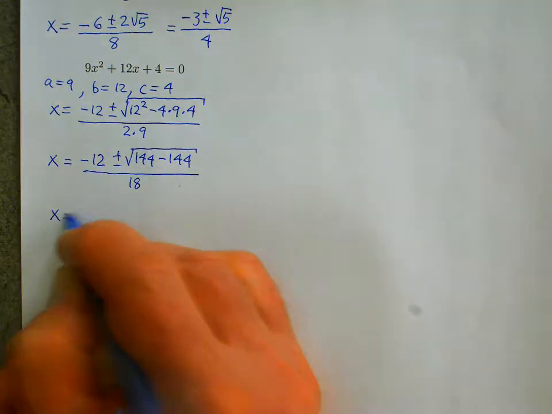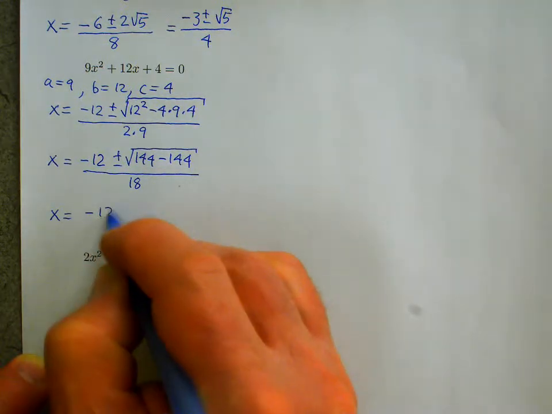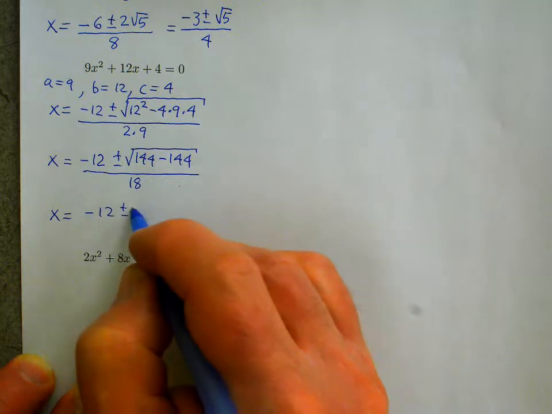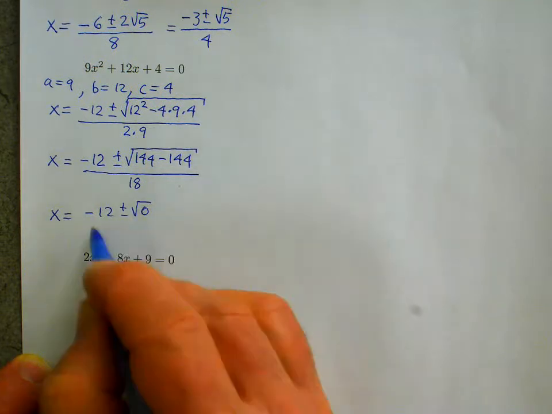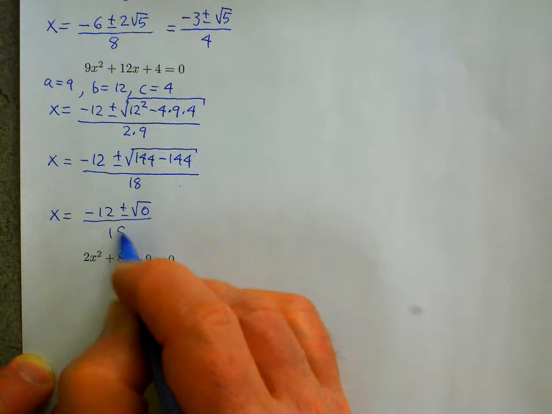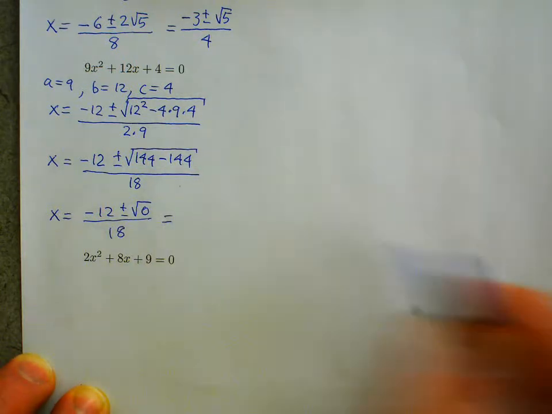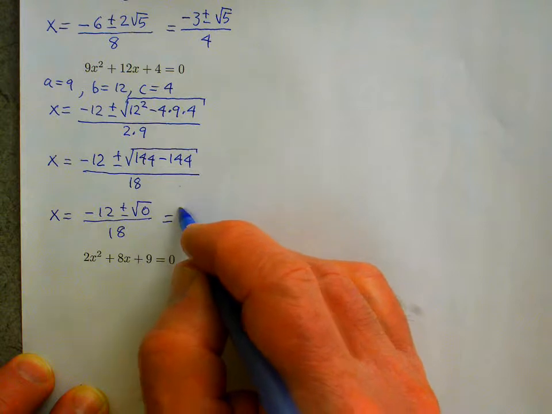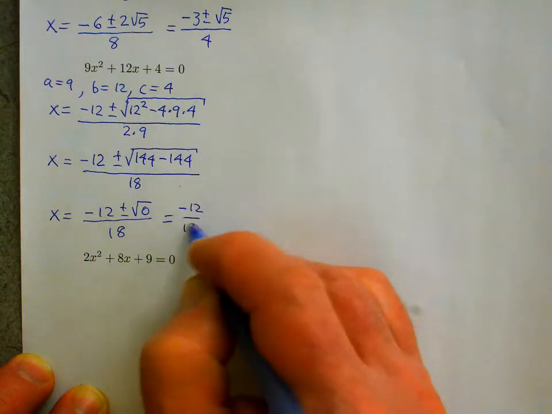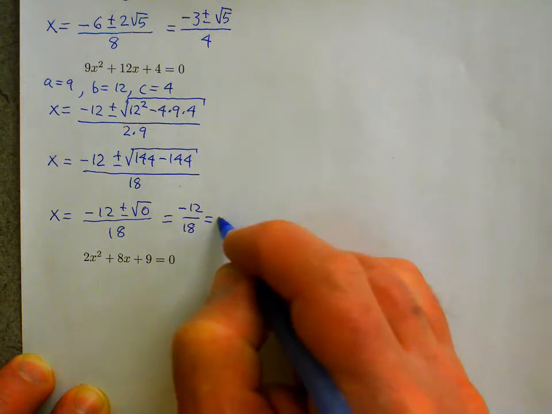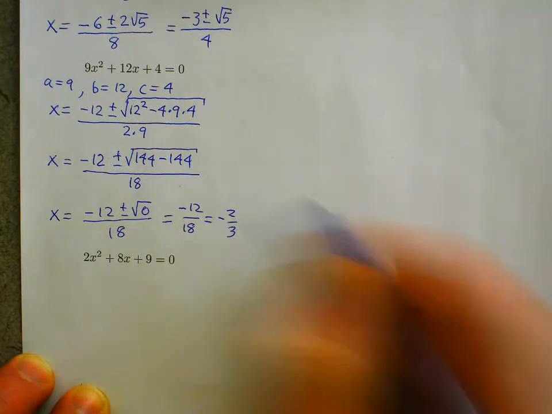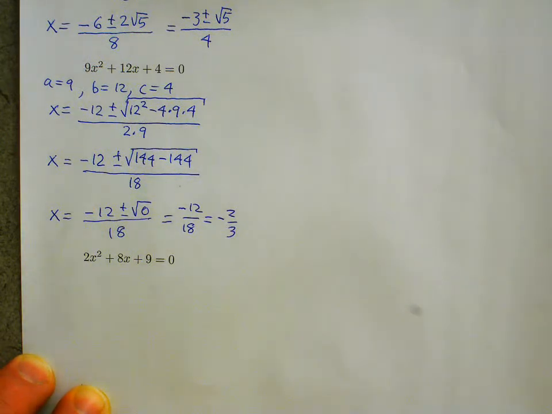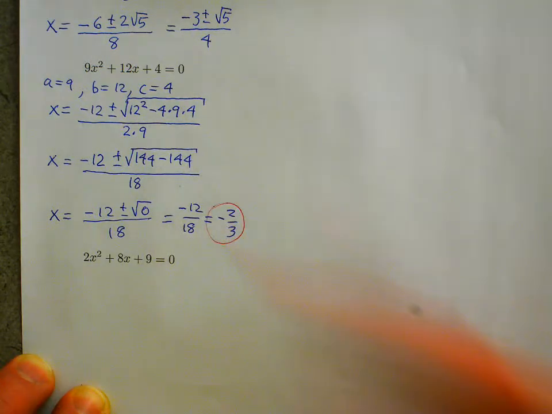Okay, so here we get negative 12 plus and minus the square root of 0, which is 0. So there's just one repeated solution. Negative 12 over 18 simplifies to negative 2/3.